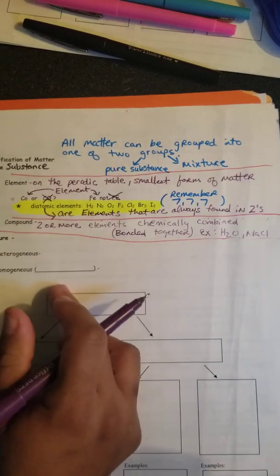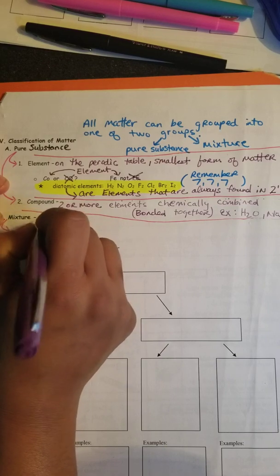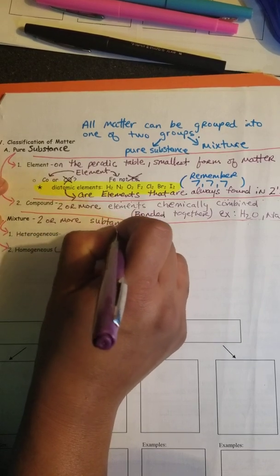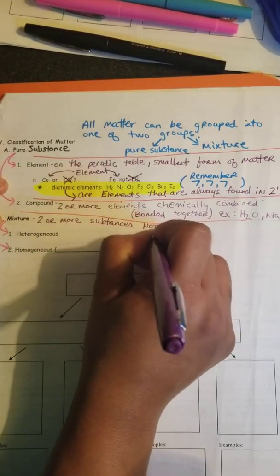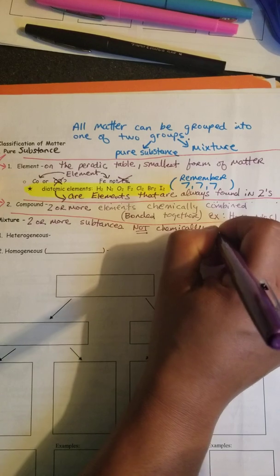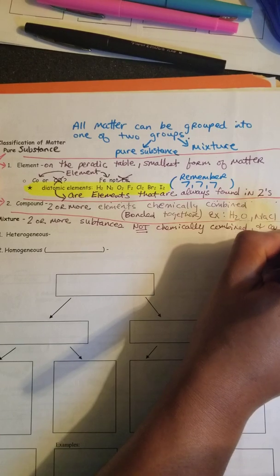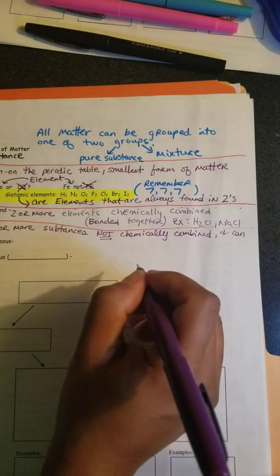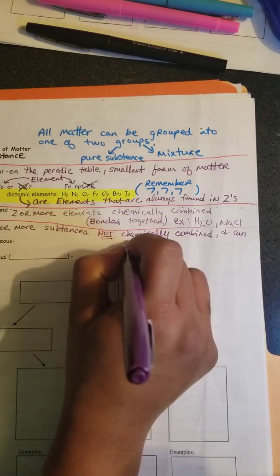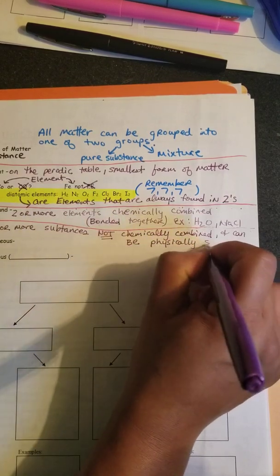And let's go to the next one, which is a mixture. Okay, and a mixture is two or more substances that are not chemically combined and can be physically separated.